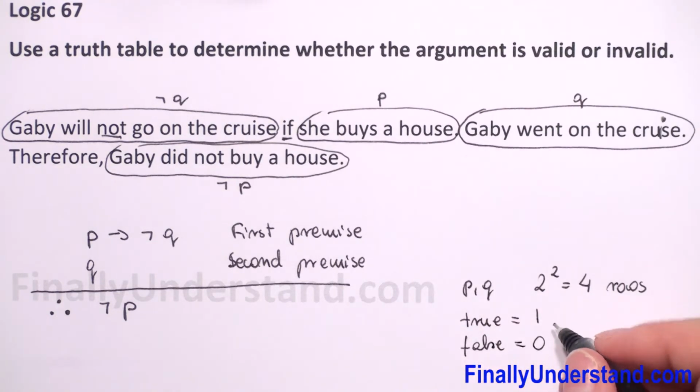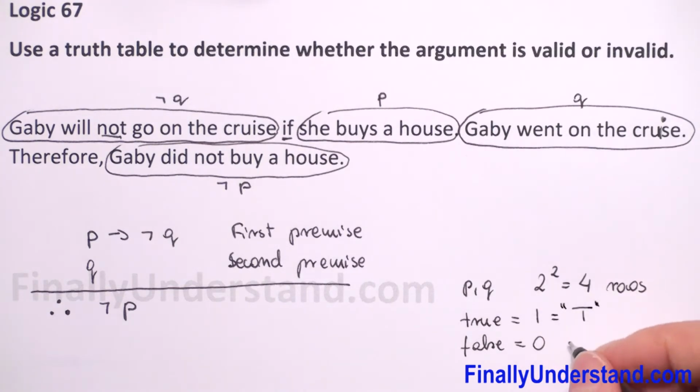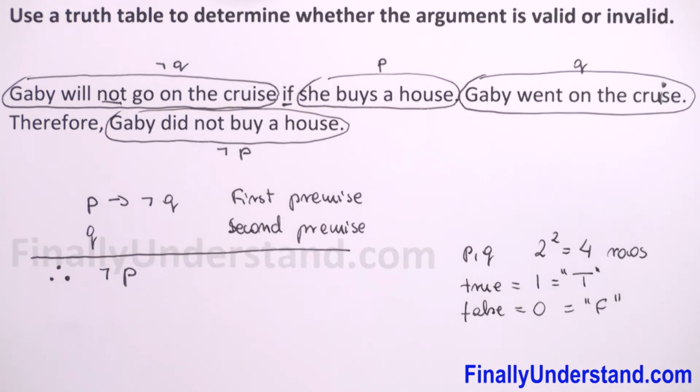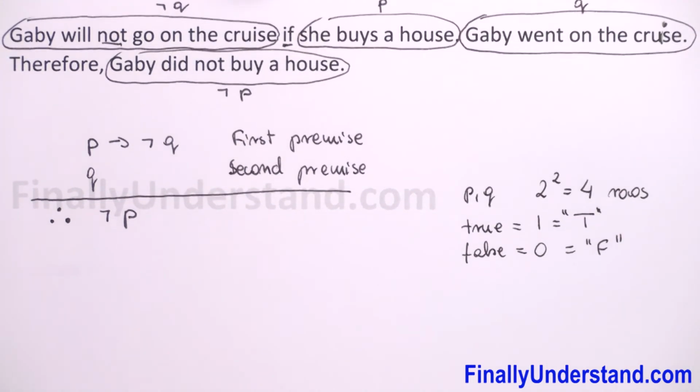In some books you can find T for true and F for false. I like 1 and 0. That's why I use this symbol.